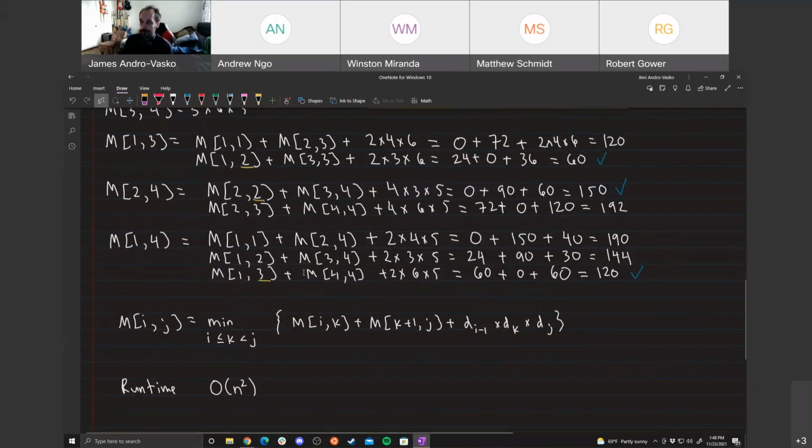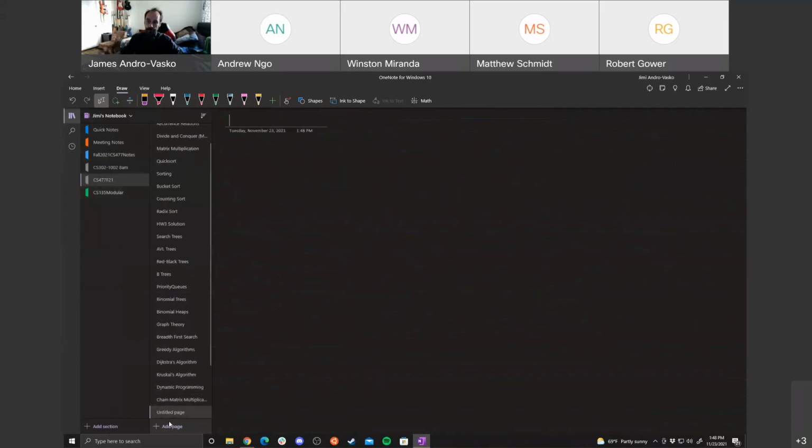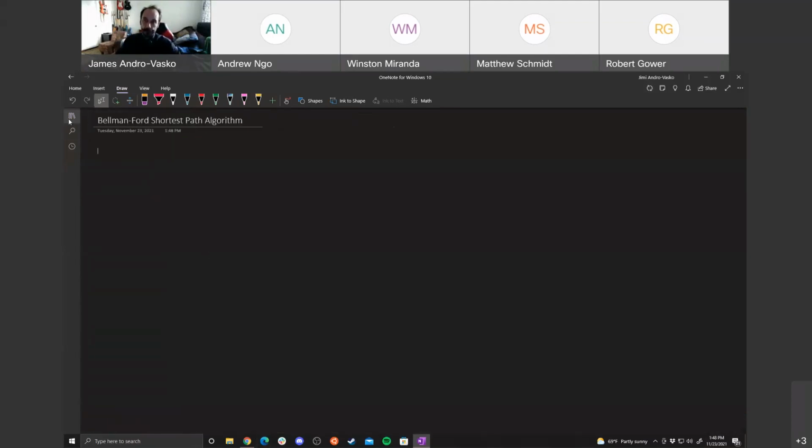I'm going to of course post these notes up on Canvas. Let's go over Bellman-Ford's shortest path algorithm. We covered Dijkstra's algorithm so far in this class, so our last one is going to be Bellman-Ford.